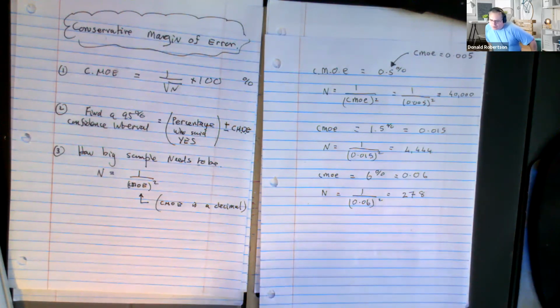If you were only asking 278 Americans anything, should you even really pay much attention to whatever the answer is? Because I wouldn't. Can you get all sorts of weird answers just by bad luck?